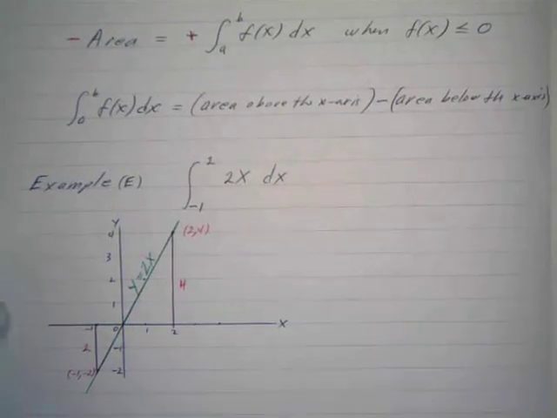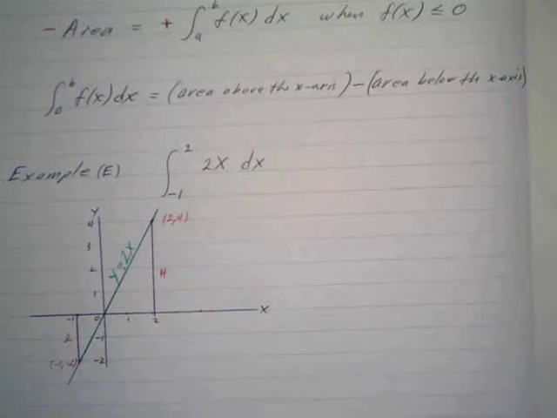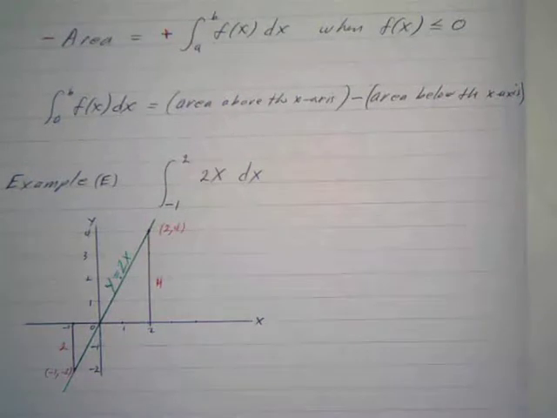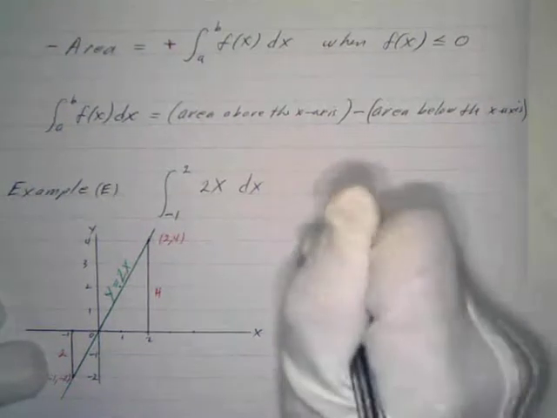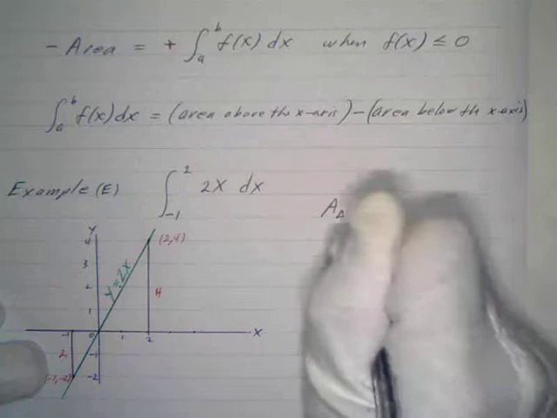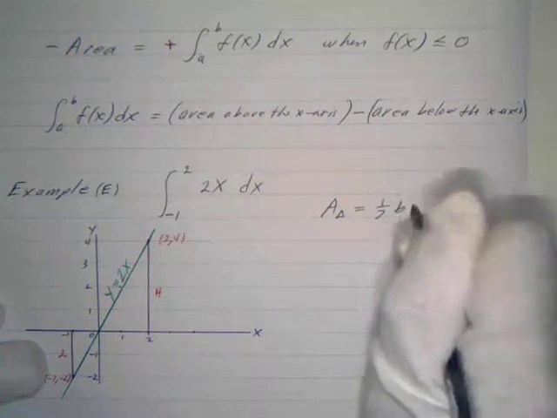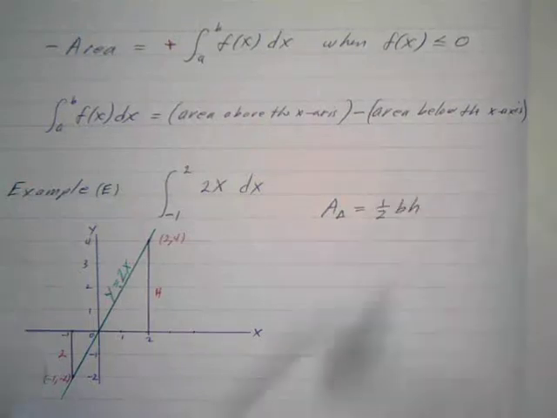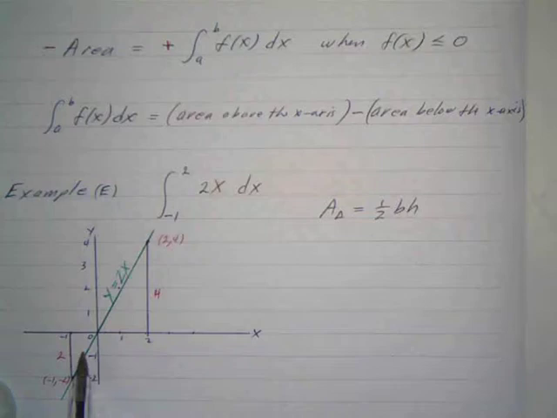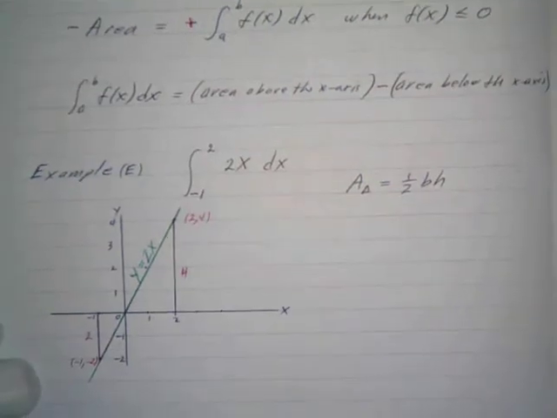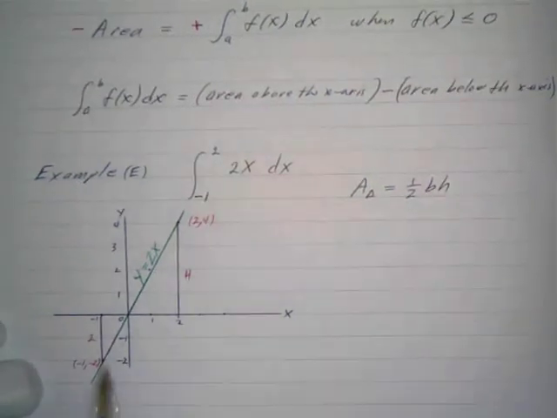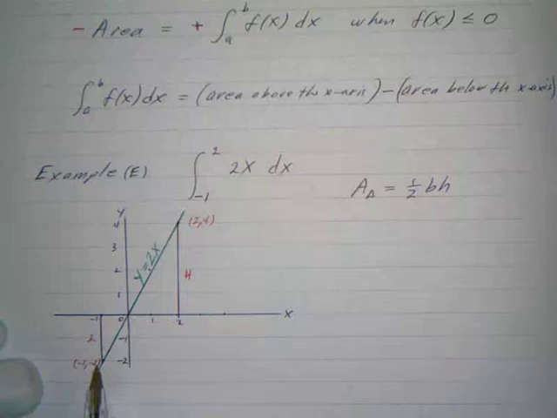That's pretty easy. Area of a triangle equals 1/2 base times height. Okay, so if we look at this triangle, the area is going to be 1/2, and the base is 1, and the height is 2, because I'm going from -1 down to -2 if I follow this graph.